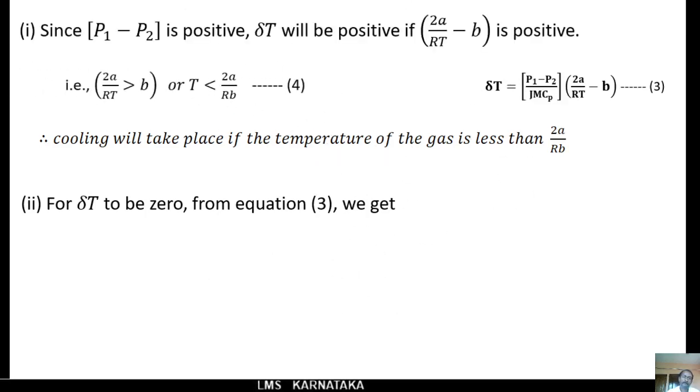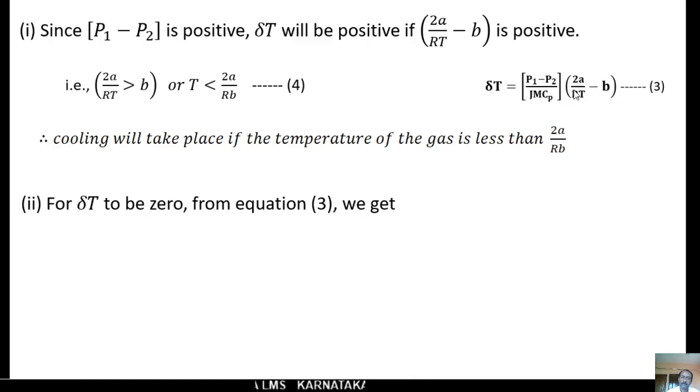When P1 minus P2 is positive, delta T will be positive if 2a by RT minus B is positive.